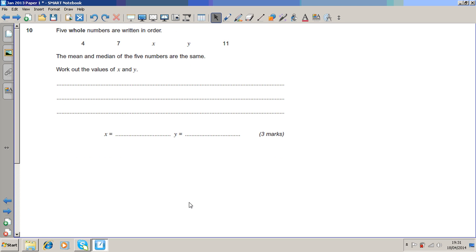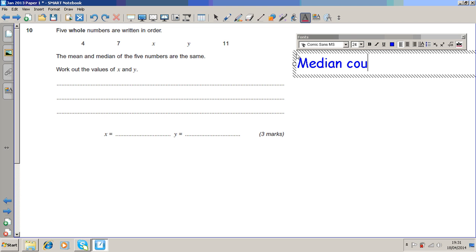Number 10. 5 whole numbers are written in order. The mean and median of the 5 numbers are the same. Work out the values of x and y. Okay, so first of all, what could the median be? I'm going to make a little note of that.